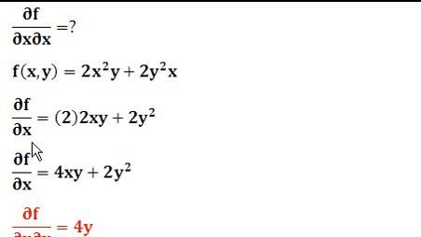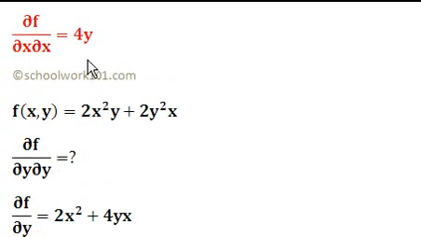Now we take the derivative again with respect to x. The derivative of x is 1, but we're left with its coefficient, which becomes 4y. And then this is just a constant, and the derivative of a constant is 0.